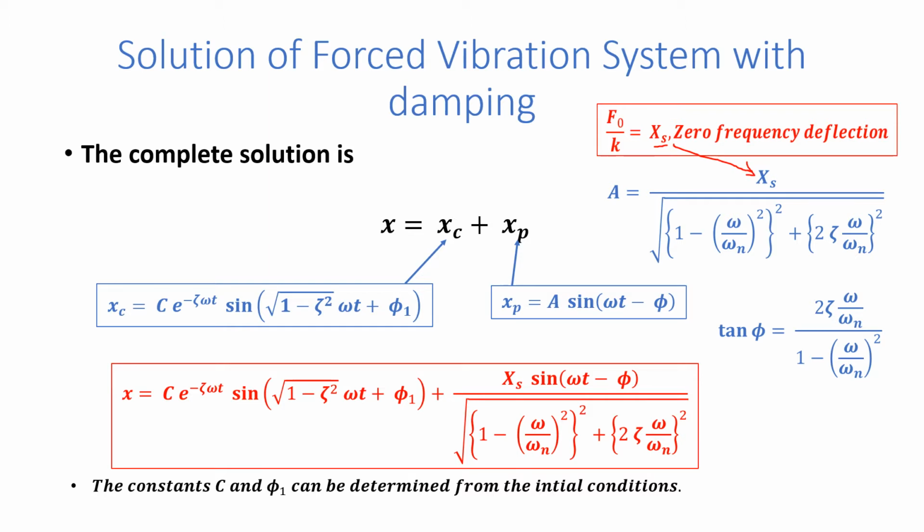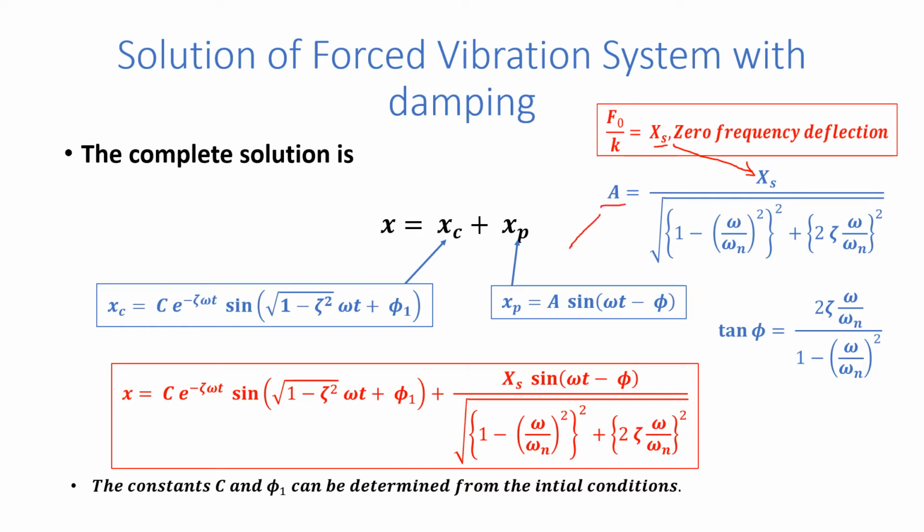So A is Xs by under root of 1 minus omega by omega n whole square, whole square, plus 2 zeta omega by omega n whole square. Zeta is the damping ratio. Omega by omega n is the frequency ratio. So A is known.